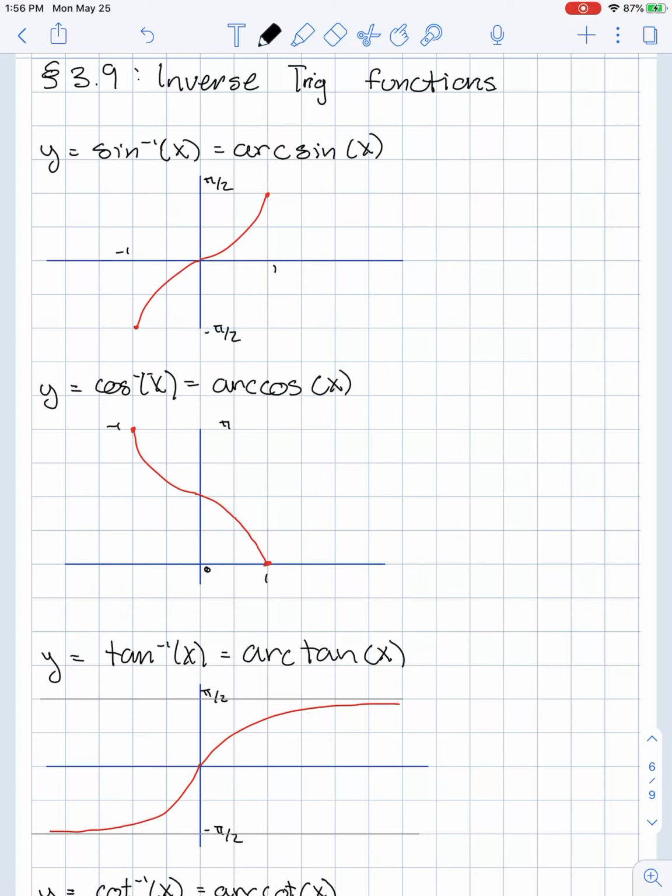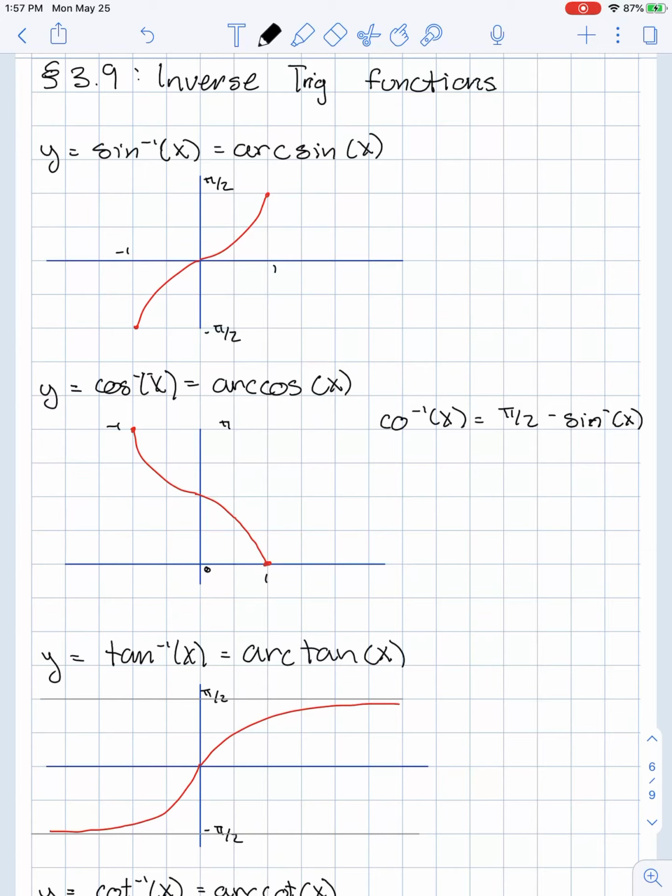We can also use what we learned about shifting and translating functions. We can see that cosine inverse of x is the same as pi over 2 minus sine inverse of x.